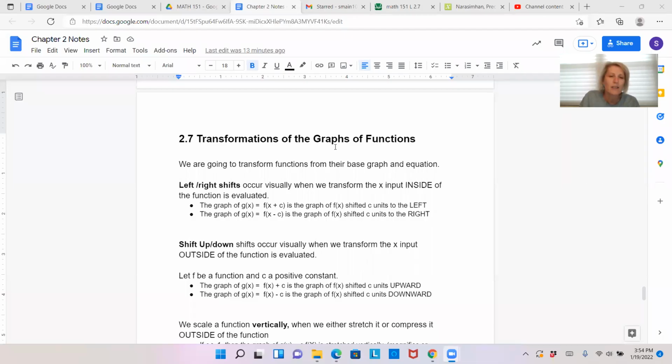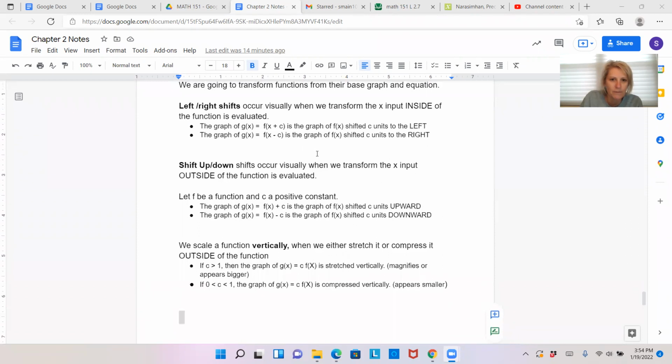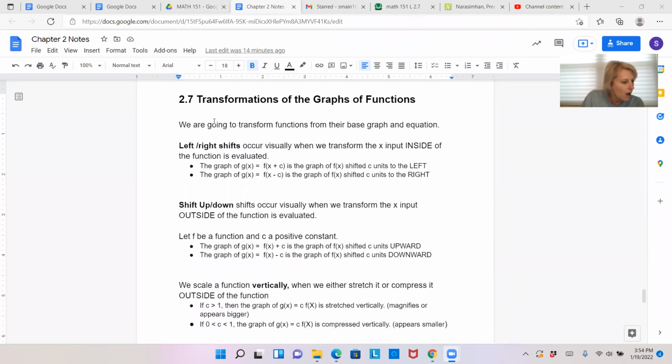So here are the notes that I've typed up. You might see more by the time that you print this out. In 2.7, we're going to talk about a couple different kinds of transformations. One is a left and right shift, called a horizontal shift. That is when we have a graph and inside the function, we add a value to it or subtract a value from it.